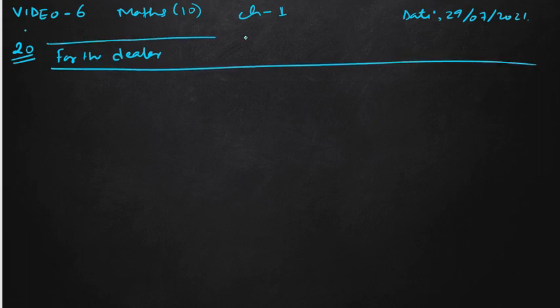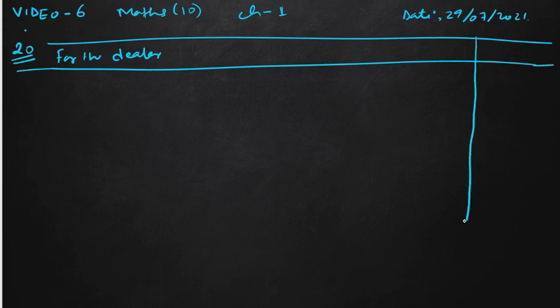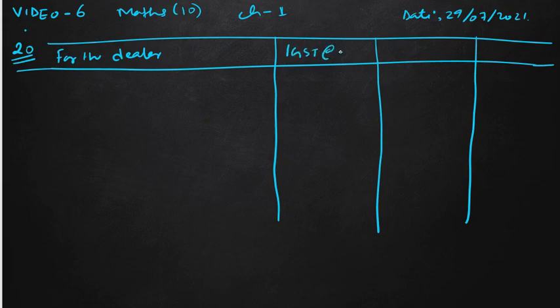Our table will look like this: SGST, CGST and IGST for the dealer. As the rate of GST is 12%, IGST will be 12%, CGST will be half of this, that is 6%, and SGST will also be 6%.